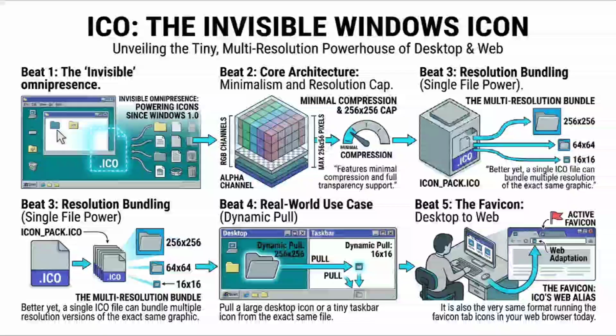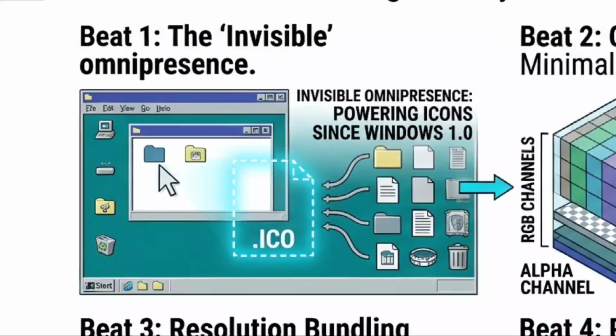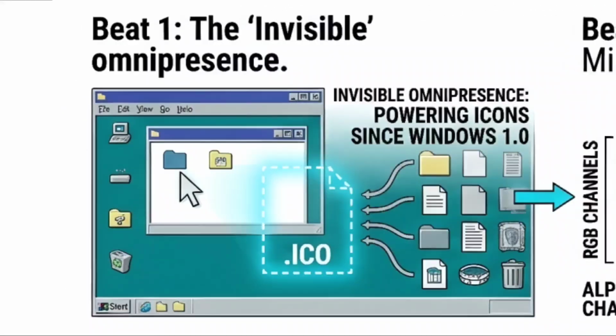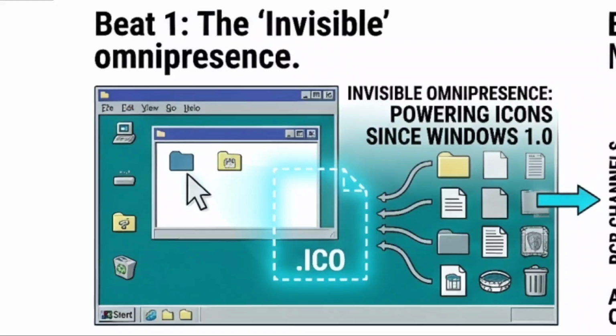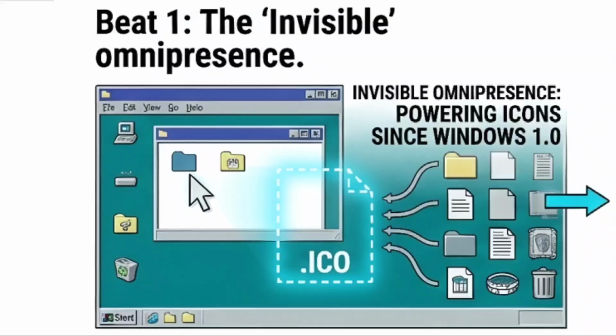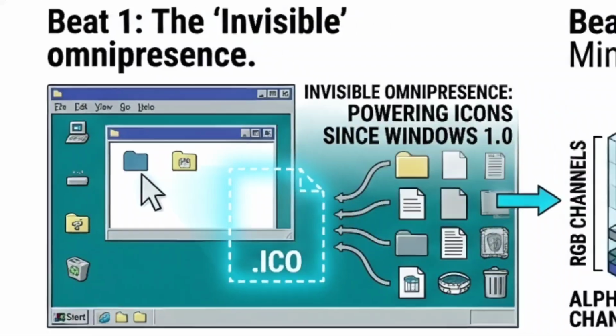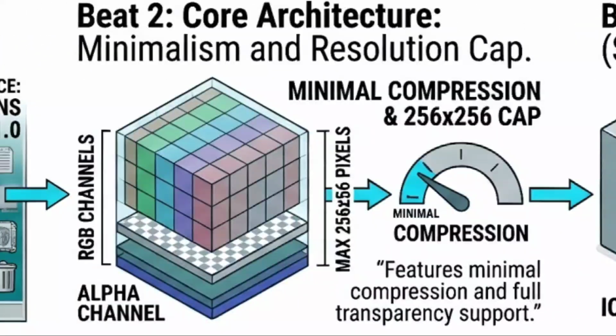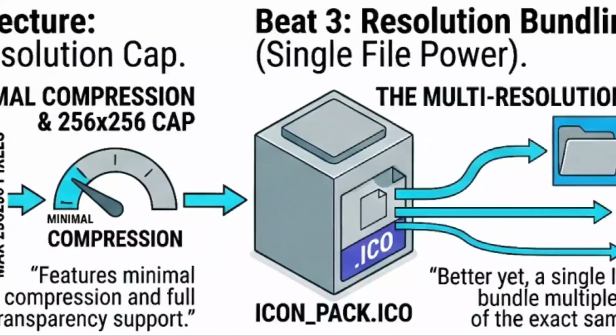ICO, the invisible Windows icon. The final format has likely been staring at you throughout your entire computer session. ICO. Powering Windows icons since version 1 in 1985, ICO features minimal compression and full transparency support. Because individual ICO files are capped at a maximum resolution of 256 by 256 pixels, they remain remarkably lightweight.